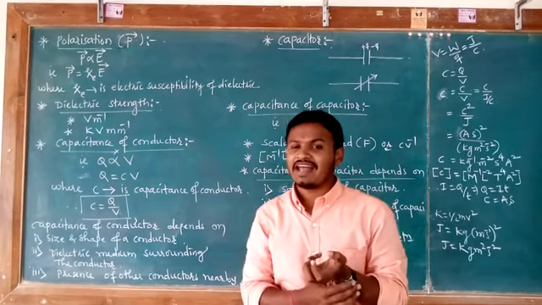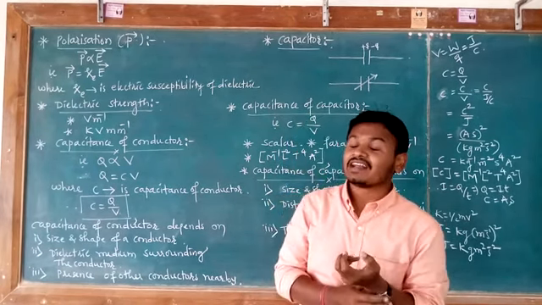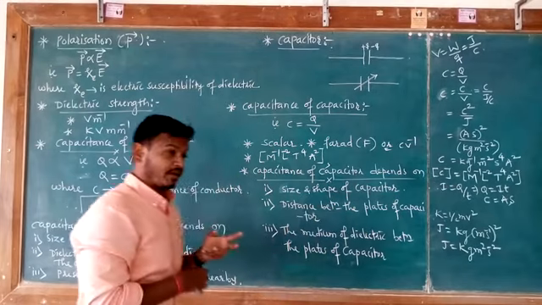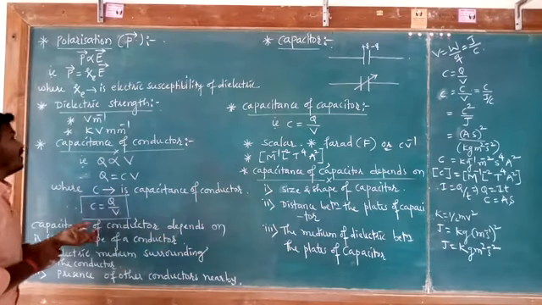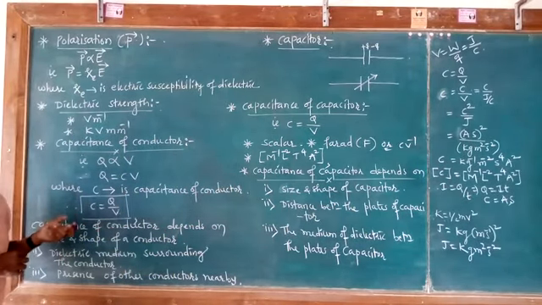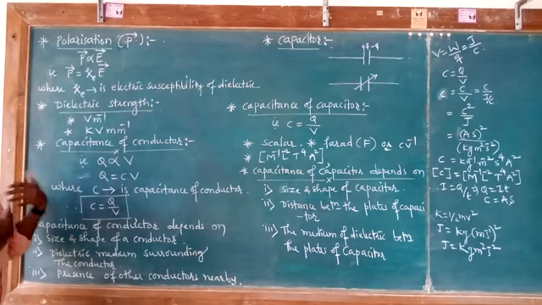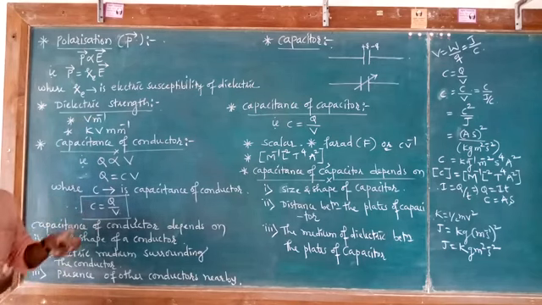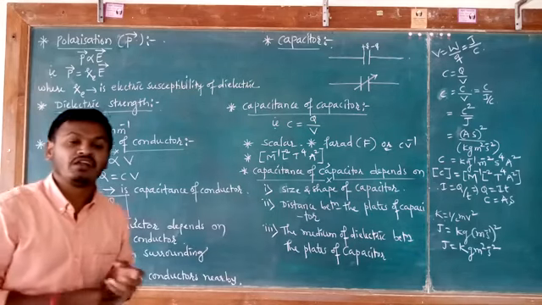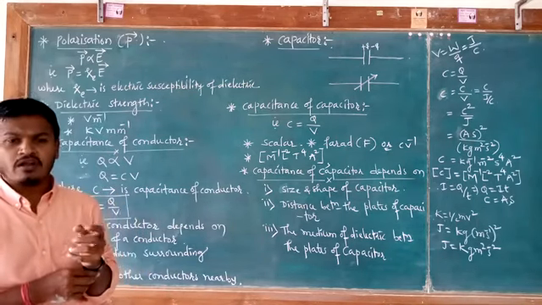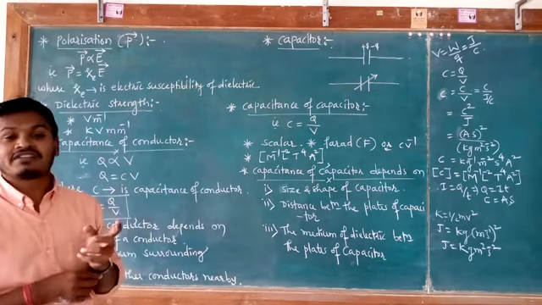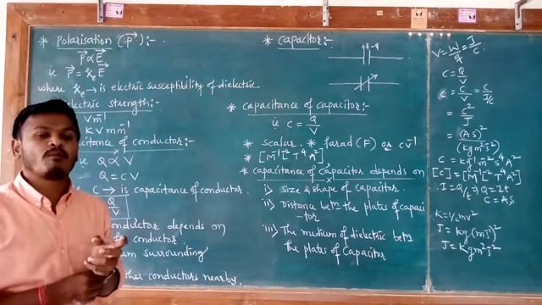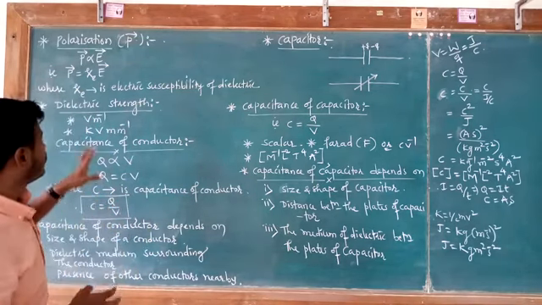Usually the dielectric strength SI unit is volt per meter, and the practical unit is kilovolt per millimeter. As we know, for vacuum the dielectric strength is infinity. For paper the dielectric strength is found to be 15 into 10 raised to plus 6 volt per meter. For glass the value of dielectric strength is found to be 30 into 10 to the power of plus 6 volt per meter.